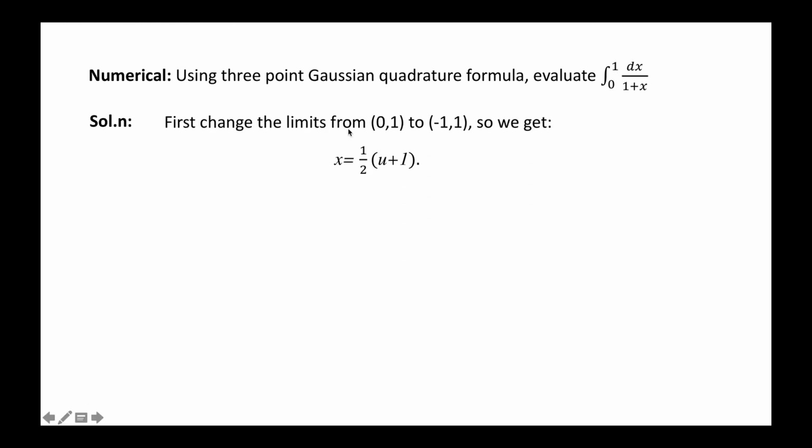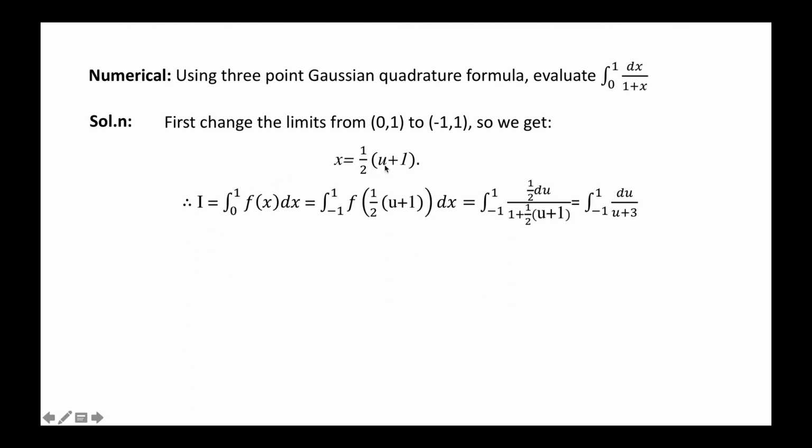So first change the limits; we get x equal to 1/2 (u + 1). Follow the procedure given in the previous slide for changing the limits. You will get the value of x equal to 1/2 (u + 1). Now change the integral from 0 to 1 to -1 to 1, f of x dx. The function is f(x) = 1 over 1 plus x simply.